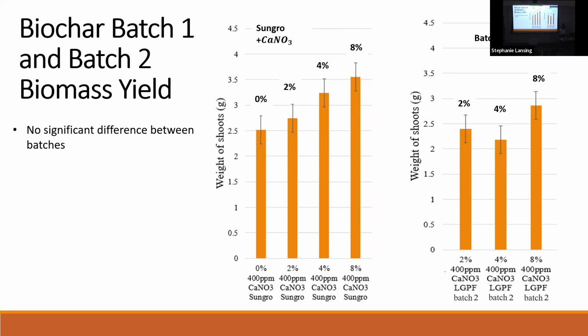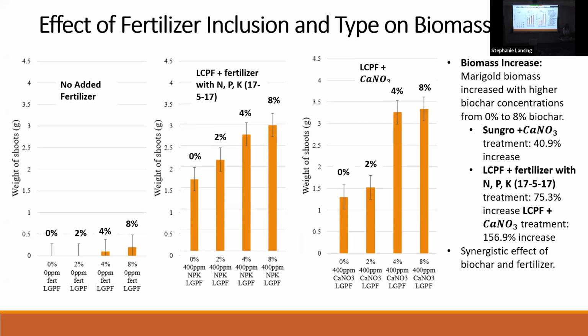Looking more at the biomass yield, we can see that for all of the treatments, with the addition of more and more biochar, now that we have that extra nitrogen component addressed, we have greater amounts of yield at 8% compared to 0% across the board. There was no significant difference between batches.